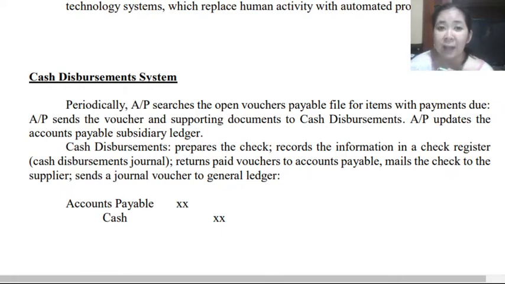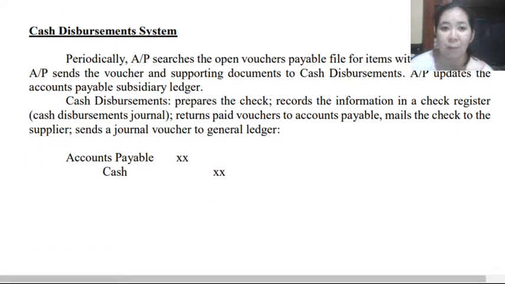Aside from that, the paid vouchers will be returned to the accounts payable, and the check is mailed to the supplier. Then there will be a journal voucher that will be sent to the general ledger department, who prepares the updating of our accounts payable.